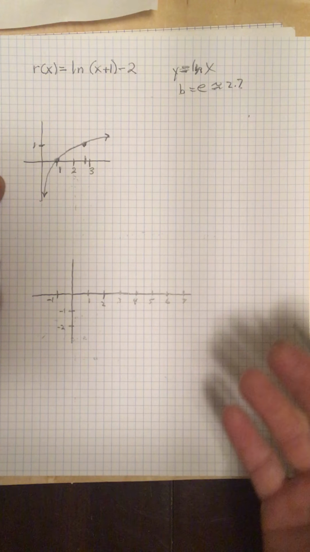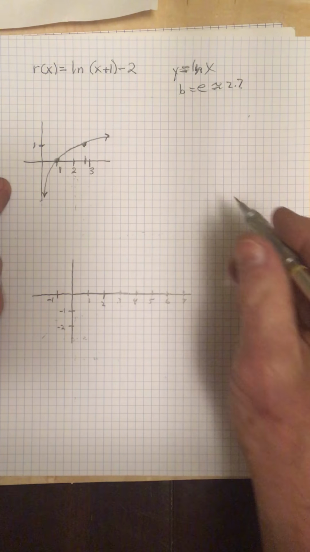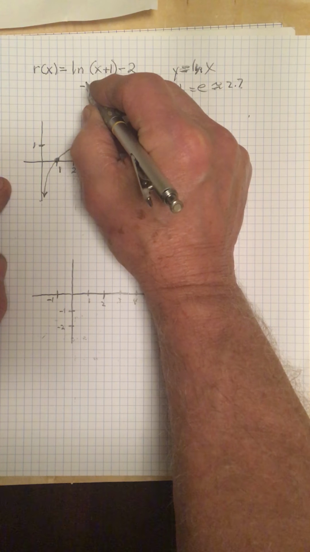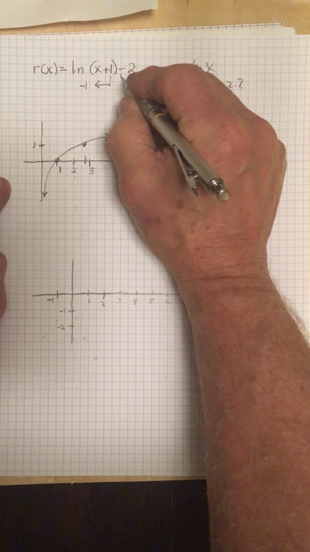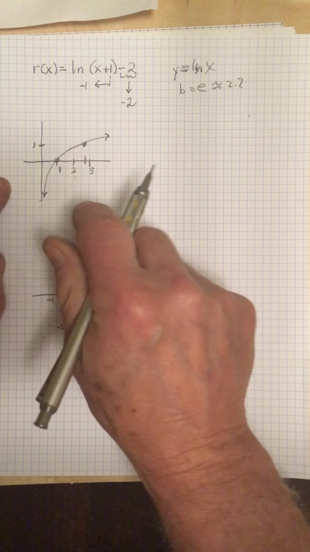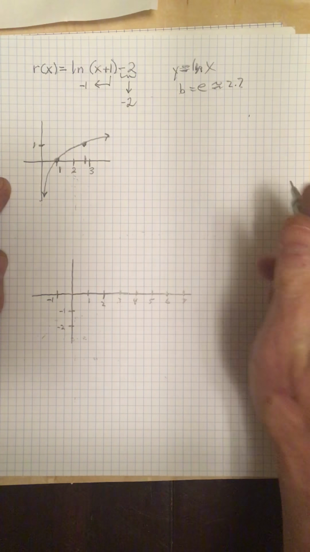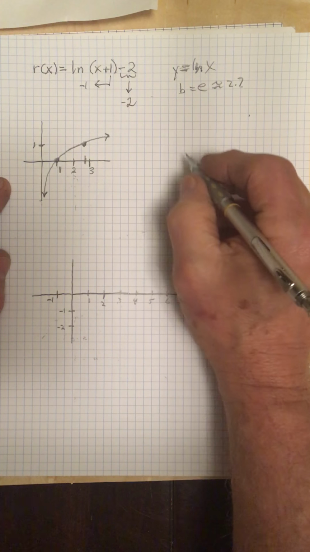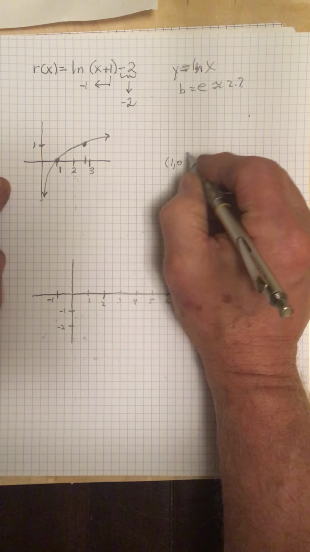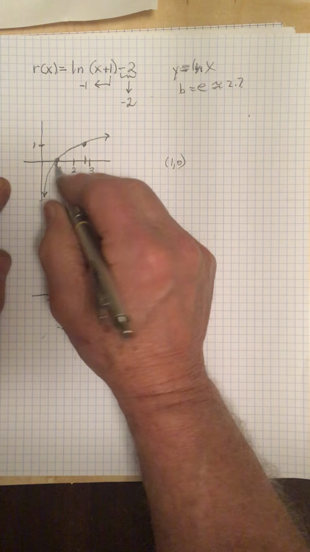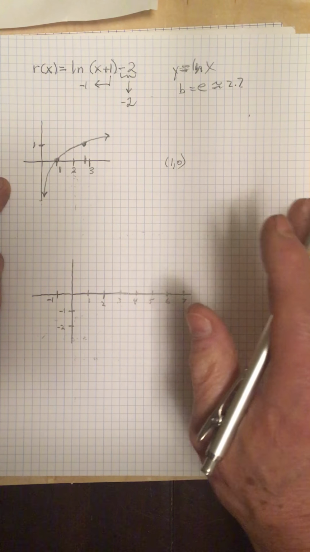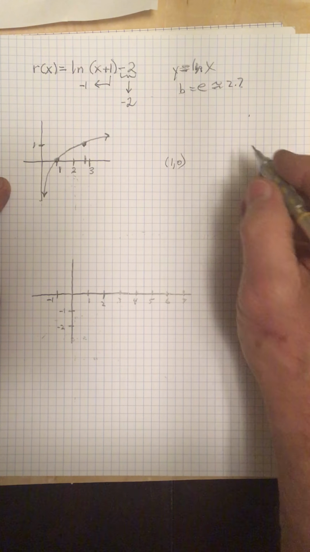So now all we got to do is apply the transforms and see what happens. Here we're going to go -1 in the x direction and -2 in the y direction. So we can start with these 2 points here. We had an x-intercept at x equals 1, y equals 0. But that's going to become a different kind of point. It won't be an intercept anymore, so we'll look at that in a minute.